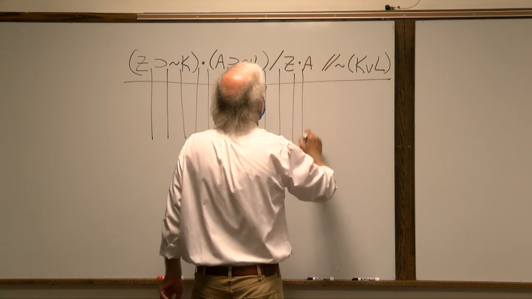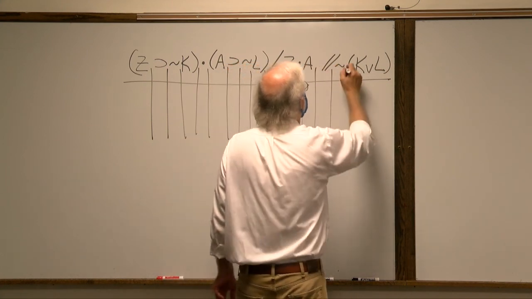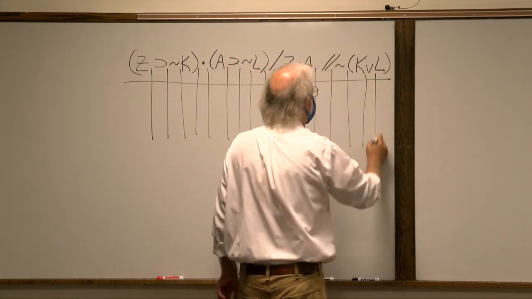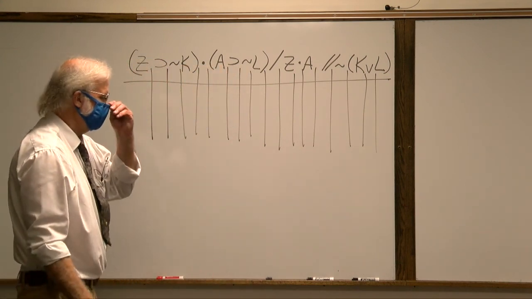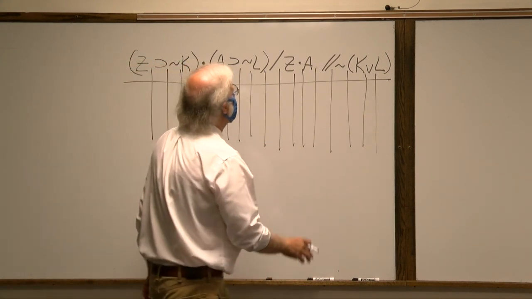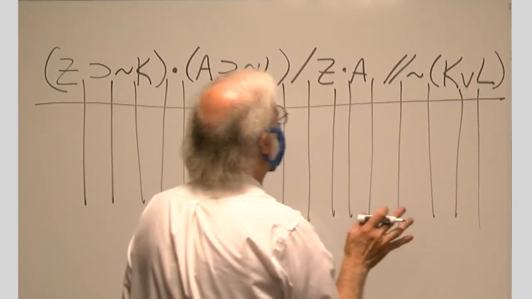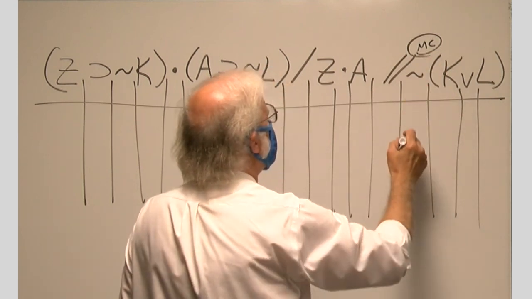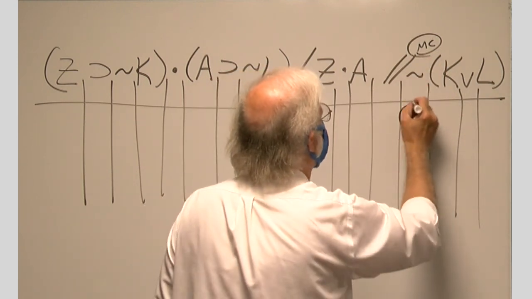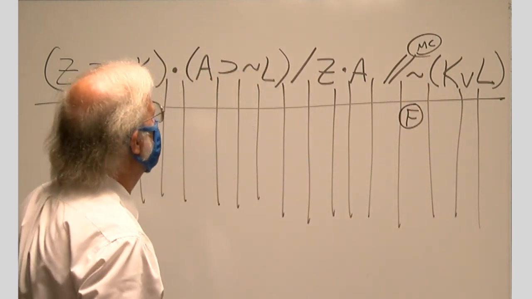There are 4 simple statements in this problem. That means you would need, in the usual technique, 16 rows. Now here, how many rows will you need? The main connective is the tilde. We want it to be false, but we don't know how many ways it can be false.